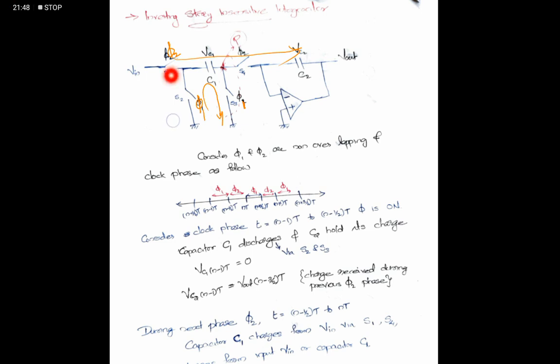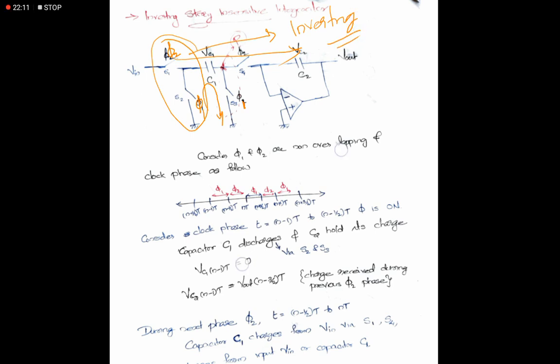So please note this order: phi 2, phi 1. Earlier, in the previous circuit, it was phi 1, phi 2. Only here the interchange takes place. Then the output here will be an inverting integrator. The output will be the negative of the input.